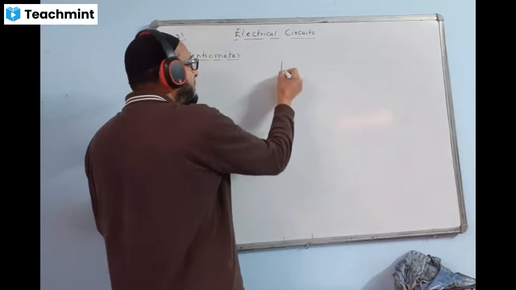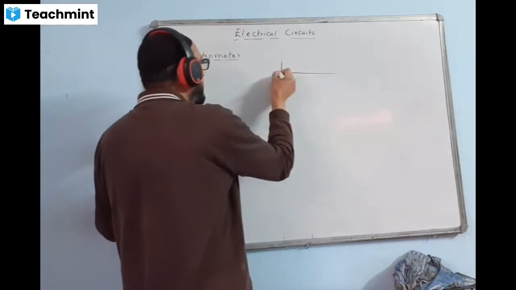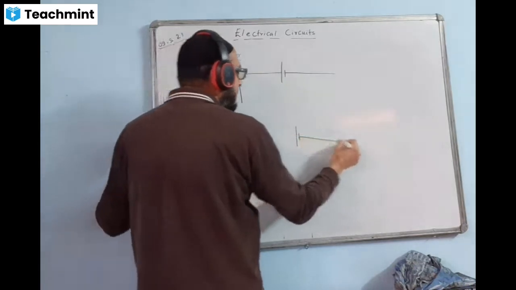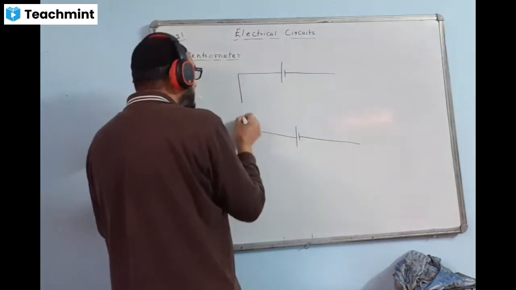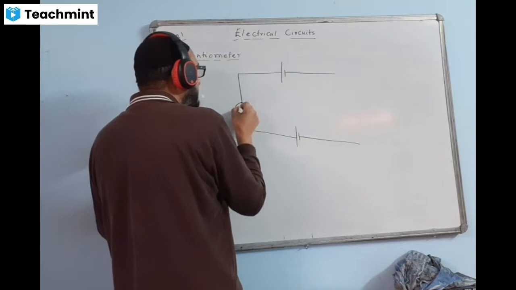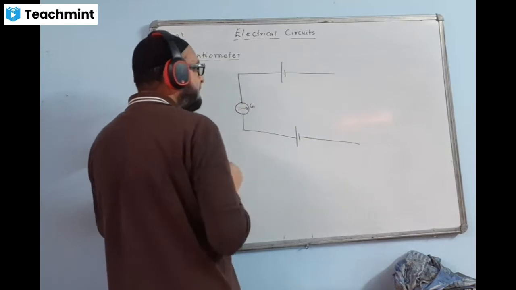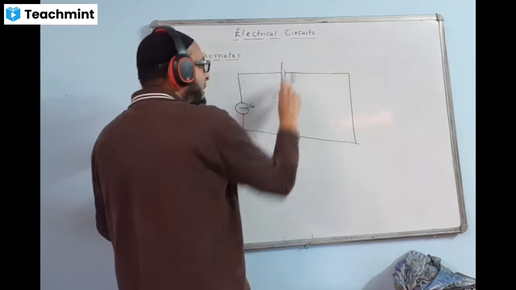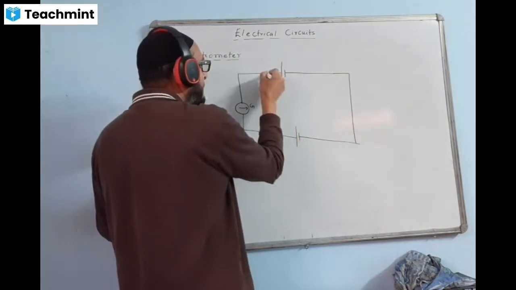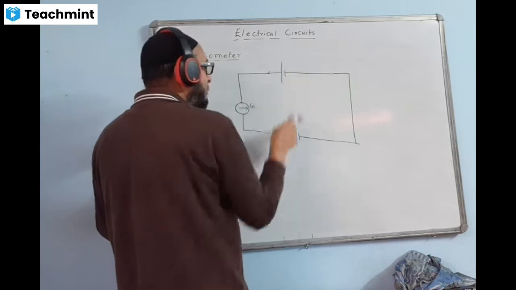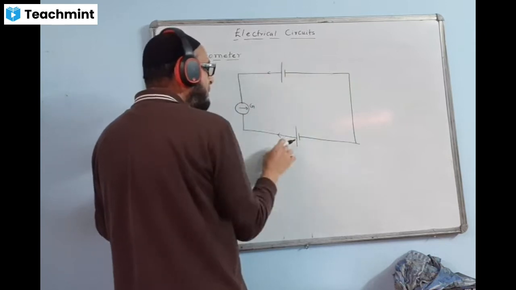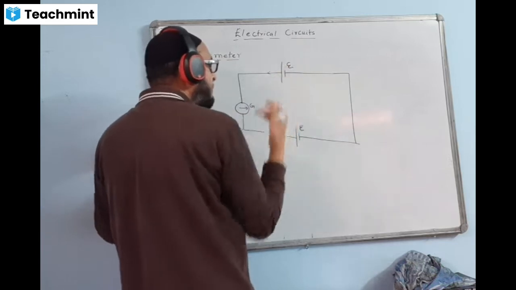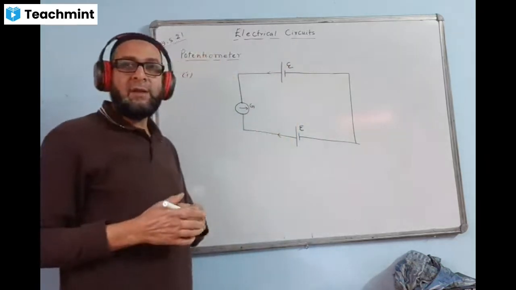So for this we draw this diagram. This is one cell, this is another cell, like this, with a galvanometer. One cell, another cell. We are giving current in the opposite direction. That's why it's called two potential differences in opposition. Suppose the EMF values are the same, that is the voltages are the same.